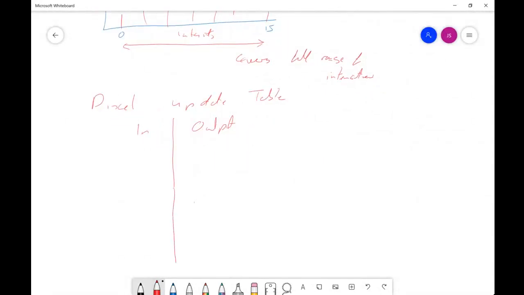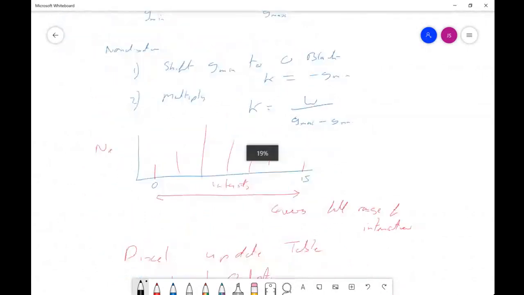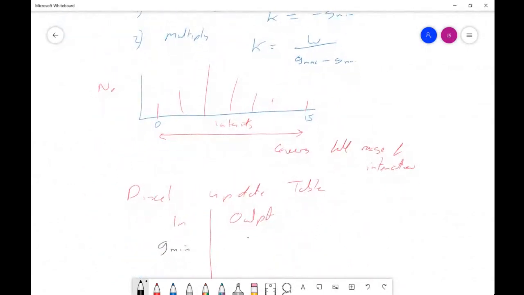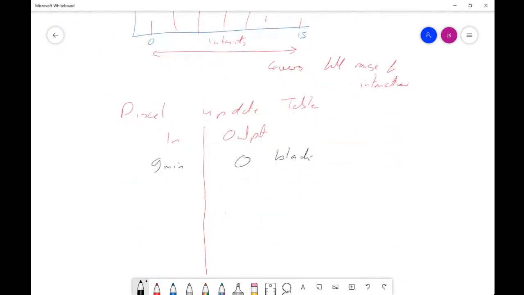G min on the input, which is the pixels here, they will go down to 0. They will be absolute black. You'll have all the ones in between, 2, 4, whatever.